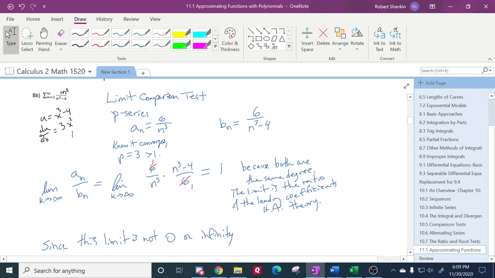You just change it to 6n squared on the top, right? You could with that one, and that one will diverge because that's essentially the harmonic series. The b sub n would be the harmonic series, like 6 over n, and then you'd get a finite number.